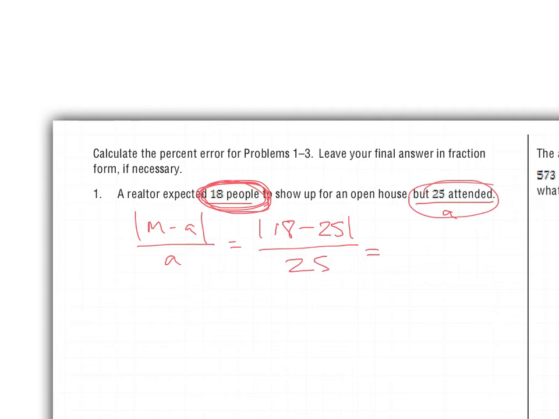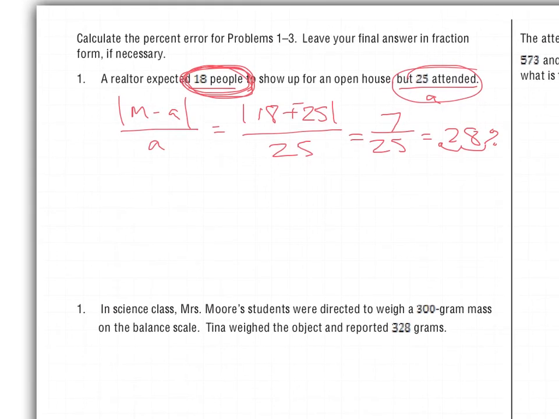So this is going to be the absolute value of -7, which is 7 over 25. When we do this calculation, we're going to get 0.28 or 28%. All right? So that's just the full process.